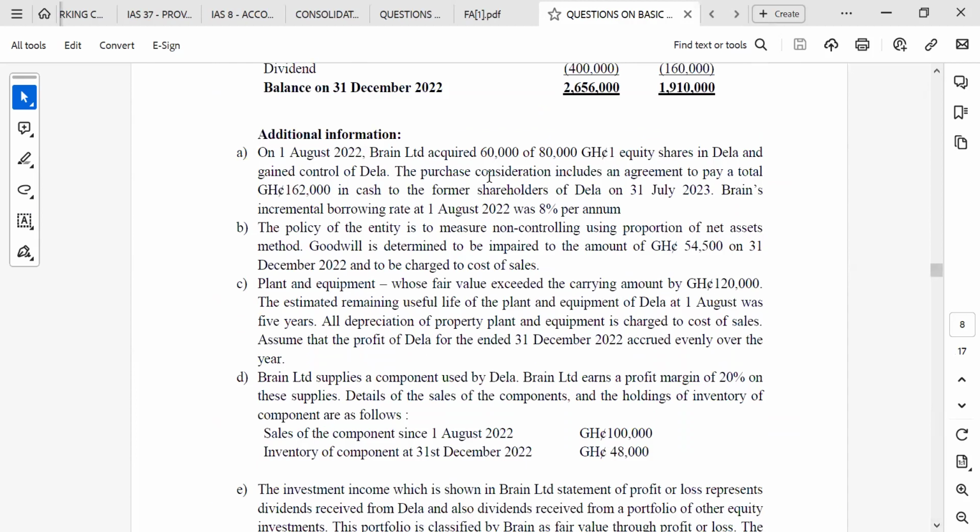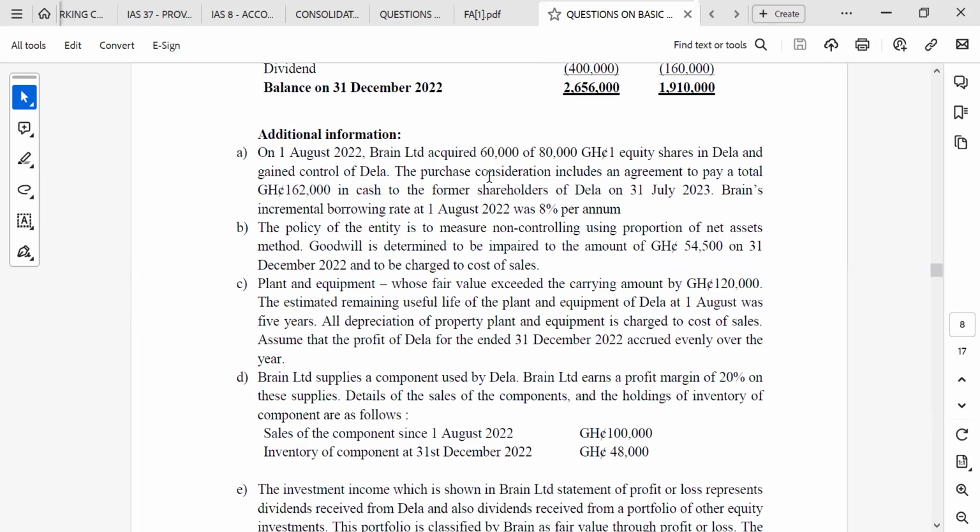All right. So let's look at the percentage holding. What will be the parent percentage holding in the subsidiary? 75%. NCI will be 25%. The purchase consideration includes an agreement to pay a total of 162 million in cash to the former shareholders of Dela on 31 July 2023.